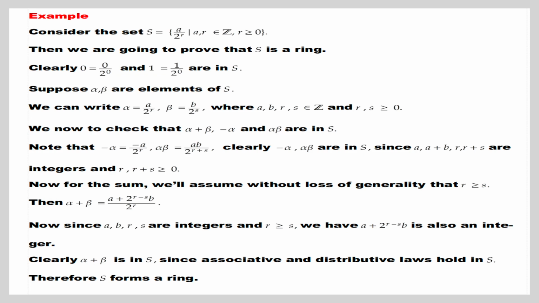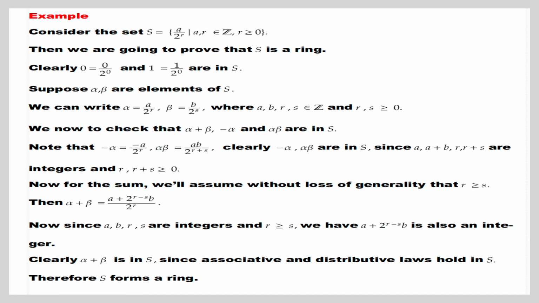Clearly 0 = 0/2^0 and 1 = 1/2^0 are in S. Suppose α and β are elements of S. We can write α = a/2^r and β = b/2^s, where a, b, r and s belong to Z and r and s are greater than or equal to 0.